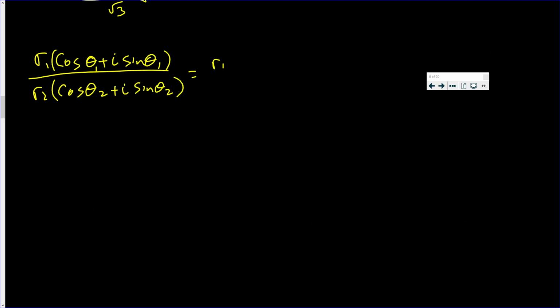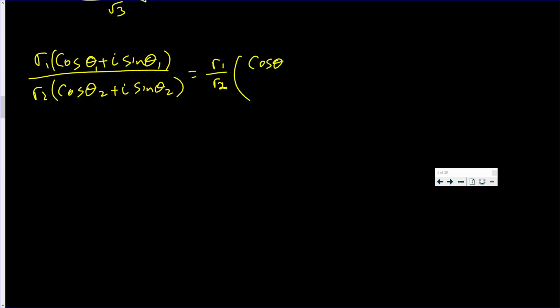Well, the r's are going to divide. I don't see how that's not going to happen. Now let's look at the rest: cosine theta 1 plus i times sine theta 1, divided by cosine theta 2 plus i times sine theta 2.